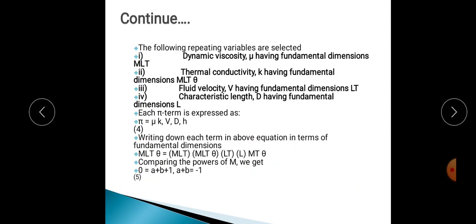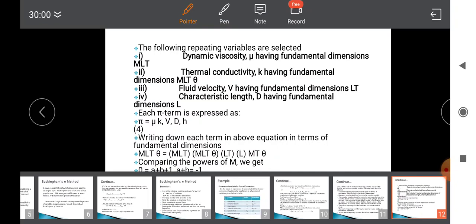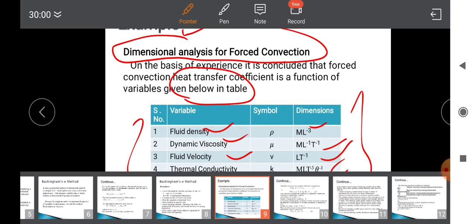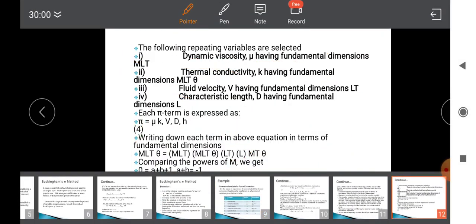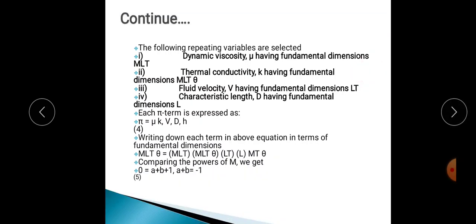Thermal conductivity k having fundamental dimensions, so what is the fundamental dimension? It is M L T to the minus 3 theta to the minus 1. And fluid velocity V having fundamental dimensions L T to the minus 1.